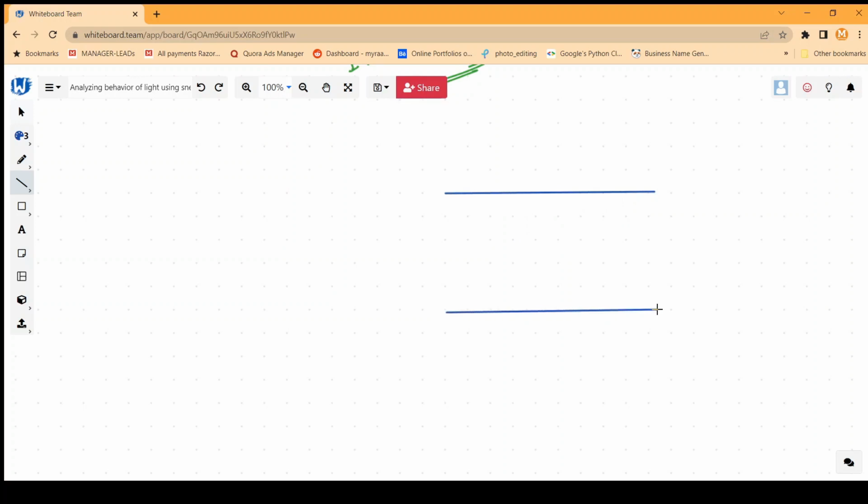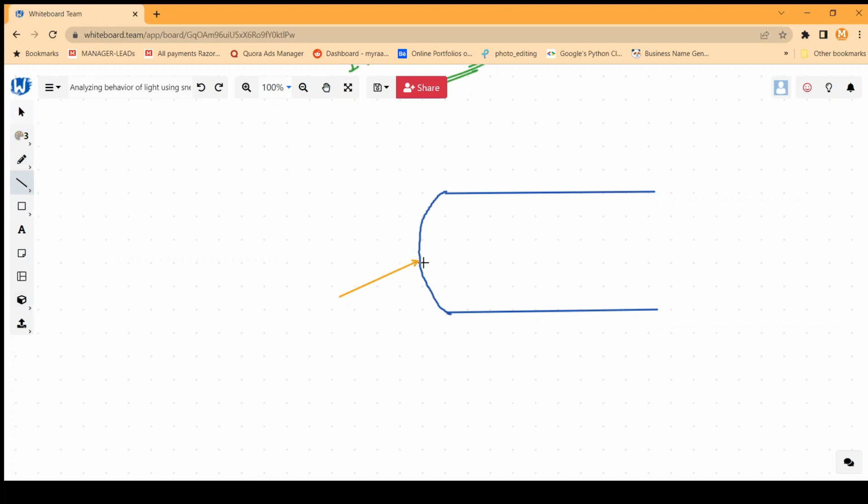Start like this, and from this end to this end it has a spherical shape, right? And we want to know what's going to happen to the light ray, which is going to come in this direction. Step 1, we are going to find our normal.